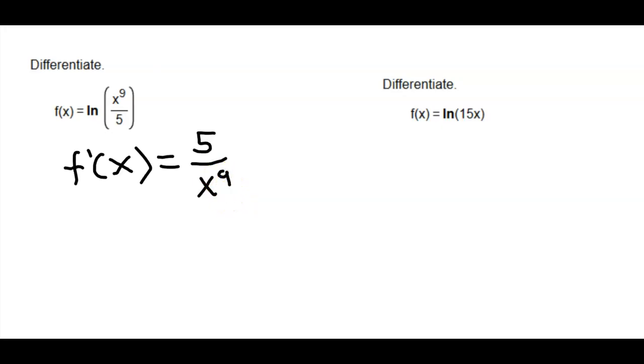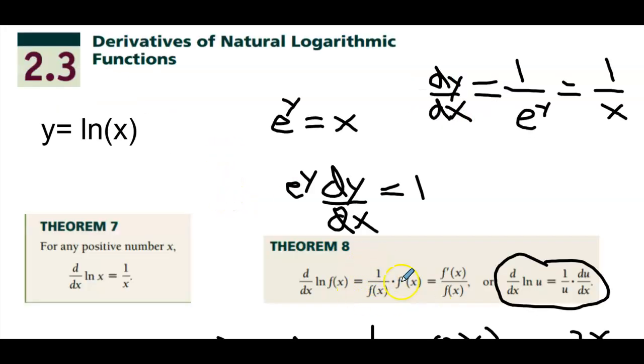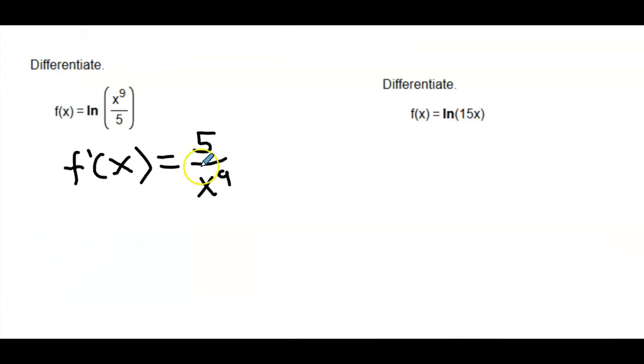That's the 1 over u part, or the 1 over f of x. Then we also have to multiply by the derivative of that inside, du dx or f prime of x. Same difference.